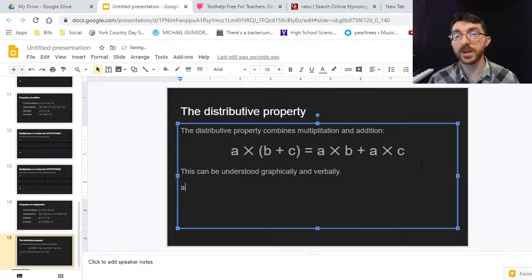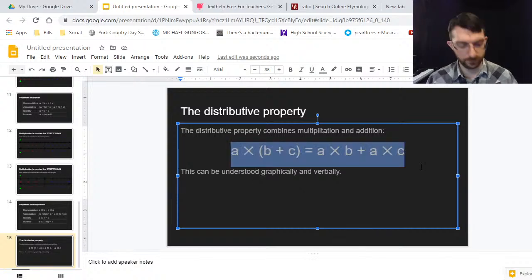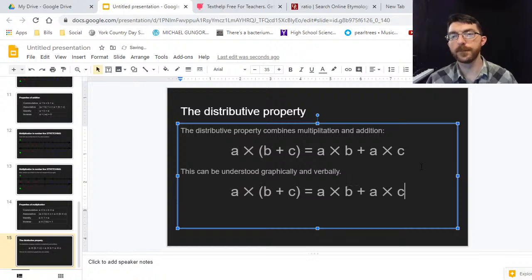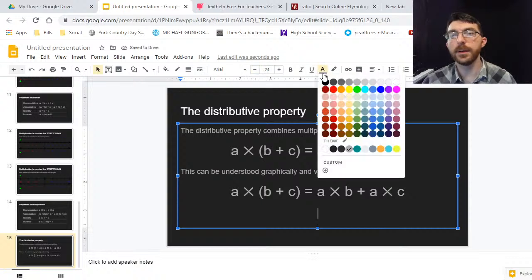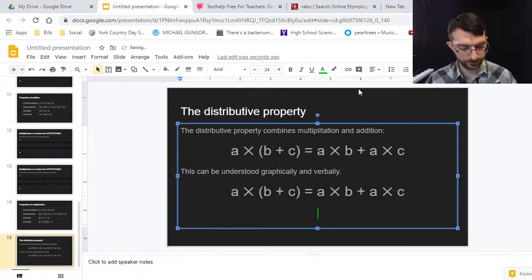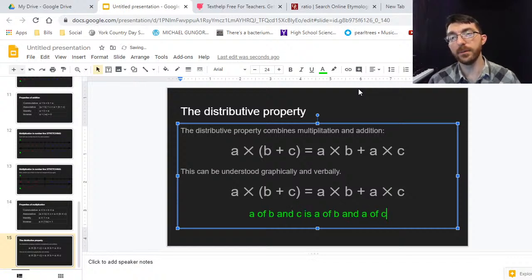So let me just make a little translation. I'm going to make this smaller and green. A of B and C is A of B and A of C.